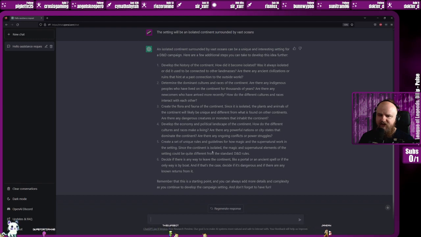Since the continent is isolated, the magic and supernatural elements of the setting could be quite different from the standard D&D rules. Decide if there is any way to leave the continent, like a portal or an ancient spell, or if the only way is by boat. And if that's the case, decide if it's dangerous and if there are any known returns from it. Remember that this is a starting point and you can always add more details and complexity as you continue to develop."